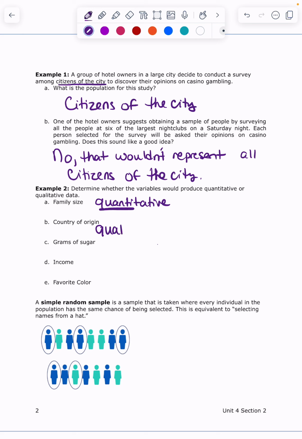That's not something that we can count or an amount. Grams of sugar, again, would be quantitative. That's something that we can count or an amount. Income, also quantitative. Favorite color, not something that you can count or an amount, so that's qualitative.